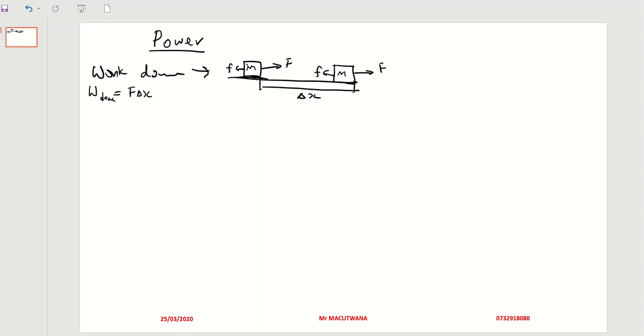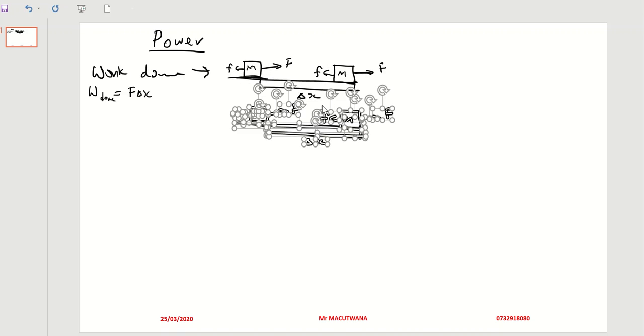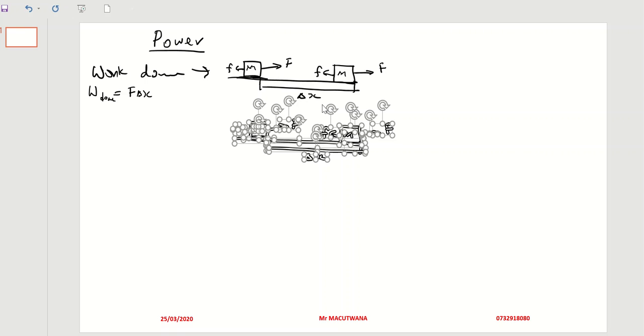Okay, then if you make a few changes in this system, let's say now on top of this object you stack another object. Let's just copy and paste so that we can show that.